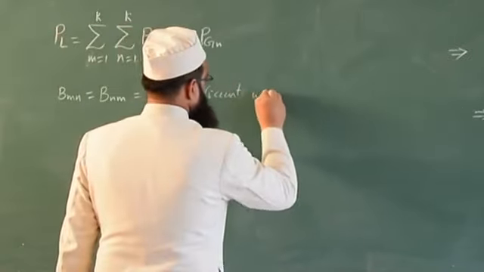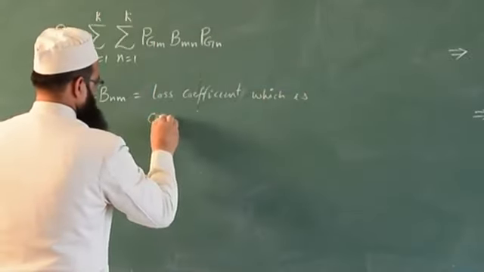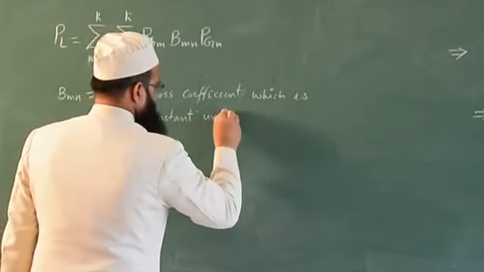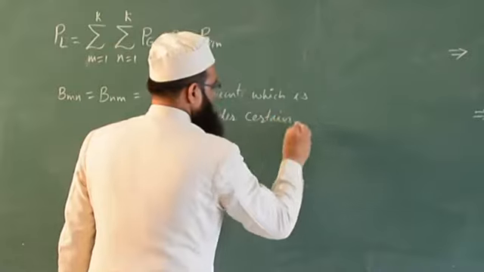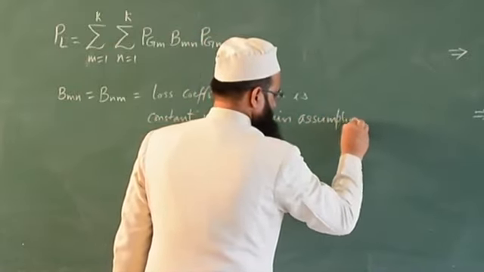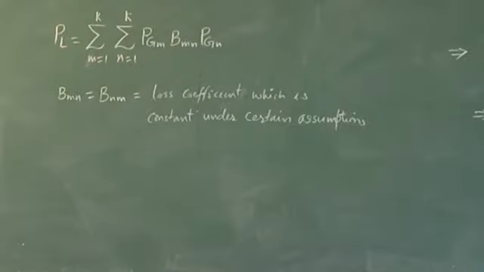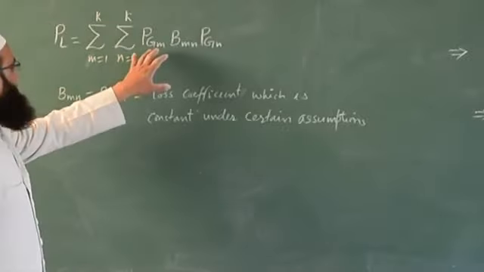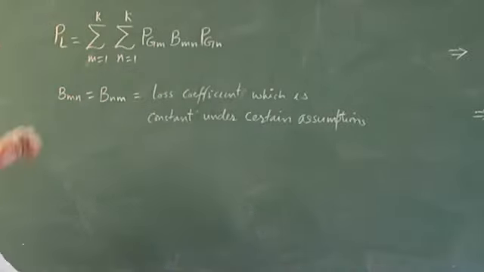The loss coefficients are constant under certain assumptions. The order of this is M equal to 1 to K, N equal to 1 to K, so let us first write it in matrix form.